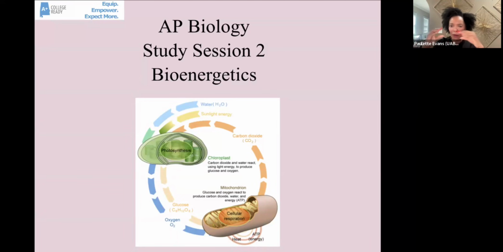What I mean by that is brass tacks: what's happening in the processes in a general sense, in a way that you're successful on the AP Biology exam without overwhelming you with minute details. They are important, but you don't need to subject them to memory at this point. Okay. So, again, welcome to this AP Biology session focused on bioenergetics.